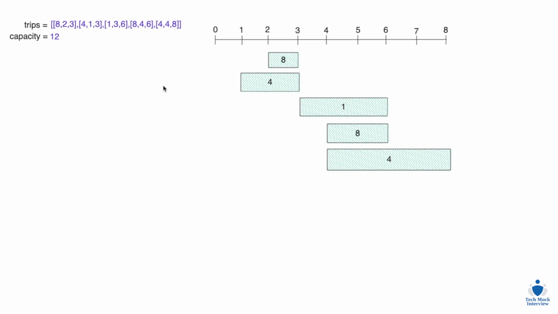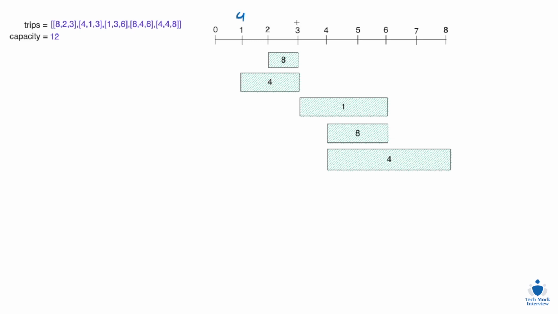For this specific problem, on each time interval, I'm adding the number of new passengers when they get in the car and then deducting that number when they leave the car. In this example, at the very beginning, at time 1, we pick up 4 passengers, so I add 4 here.